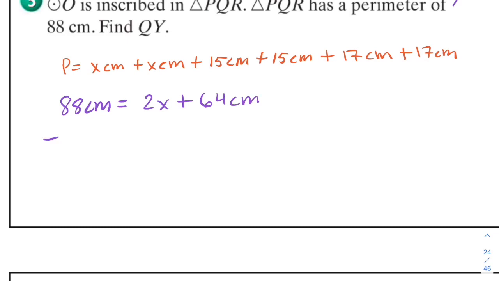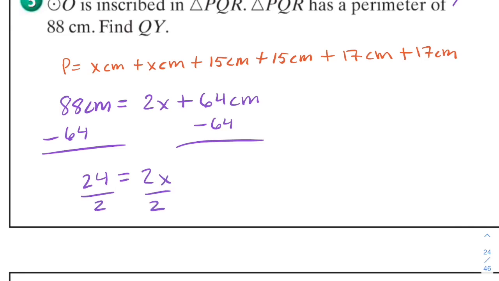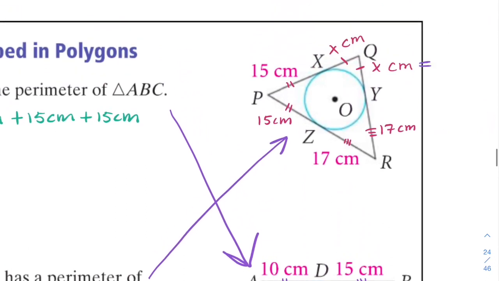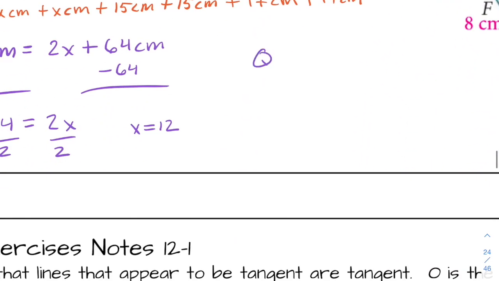So I'm going to take away 64, and I get 24. So I have x is 12, and because x is the same thing as QY, I'm going to answer it the right way. QY was my solution. So QY equals 12 centimeters.